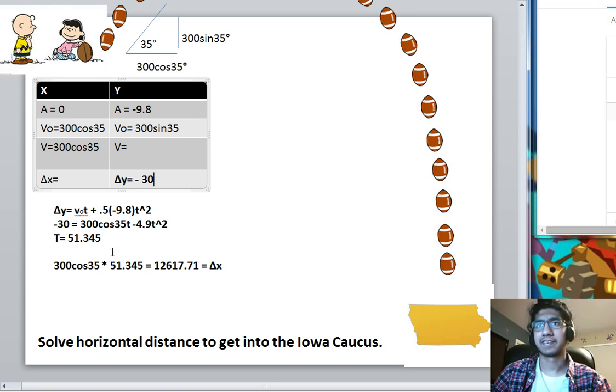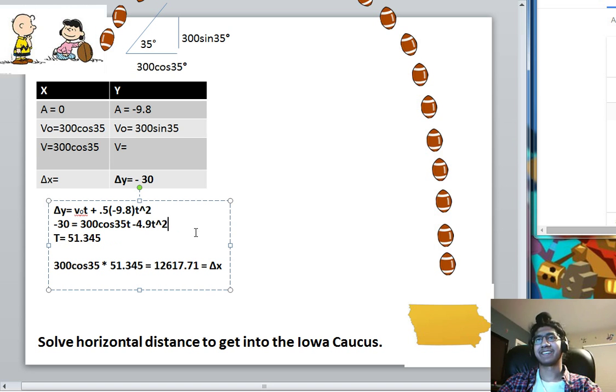Given that delta y equals negative 30, we can use delta y equals v naught t plus 0.5 times negative 9.8 t squared, the second kinematic equation. Simple plug and chug will give us t. T equals 51.345 seconds. And then from there, we use our x-axis formula, which is always delta x equals v naught t, and we can find delta x.